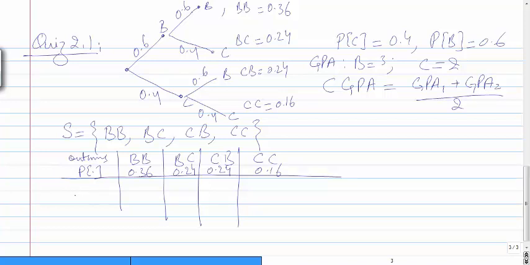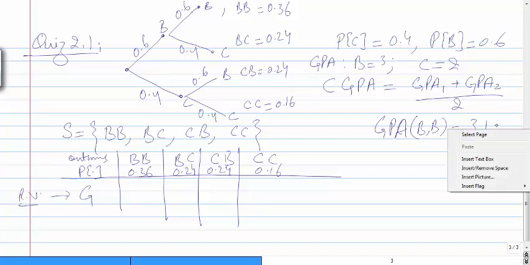Now GPA, which is actually our random variable, says you have to add the points and then divide by 2. So GPA is a function. When you give it BB as input, it does 3 plus 3 divided by 2, so it becomes 3.